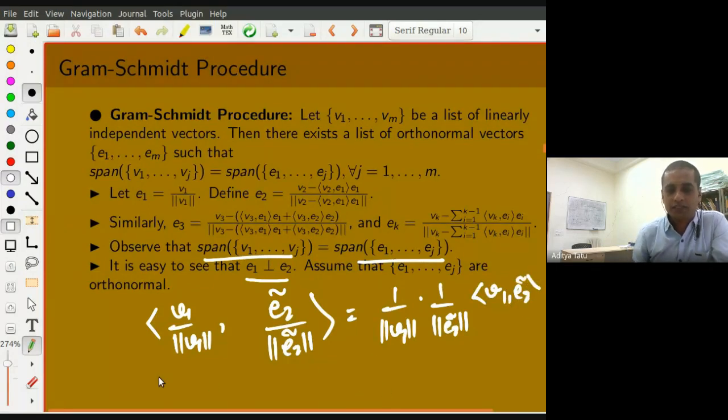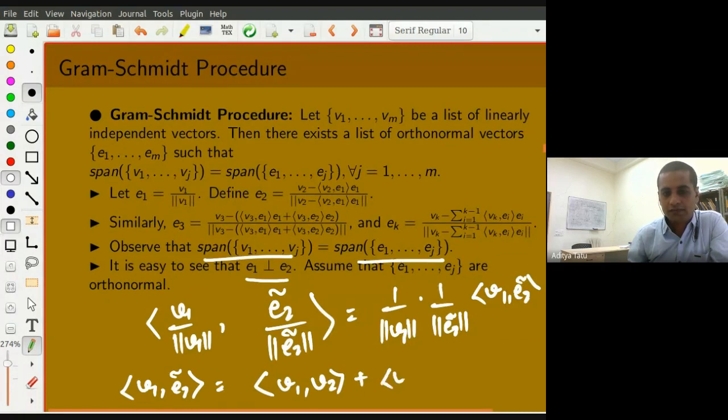What would be V1 E2 tilde? This is V1 V2 minus, not plus, V1 E1.